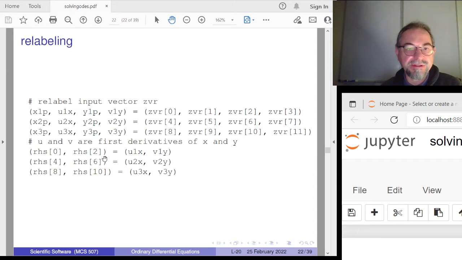That is expressed here in this first entry of this tuple assignment. Then once you know how to do this for one body, we skip the entry, and then we have the velocity as well. But now for the second component of the velocity of the first body, that's the third component in the right hand side. First body, second body, third body.